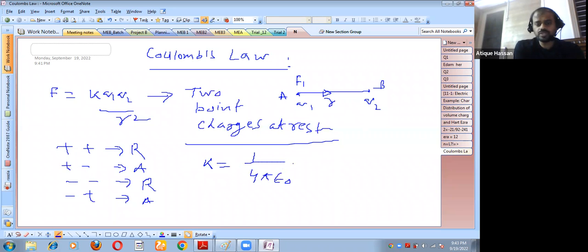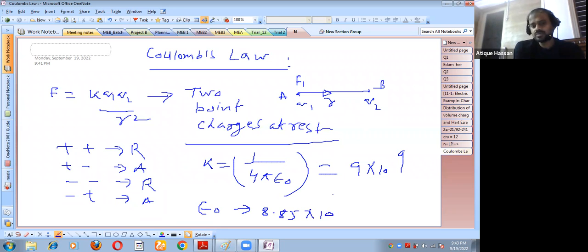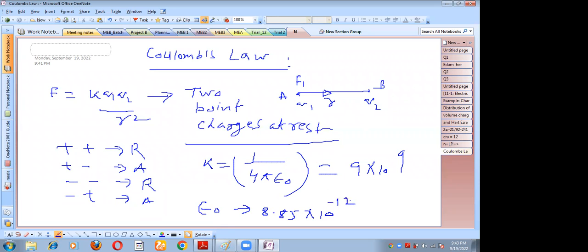This we already know, and its value generally we take as 9 into 10 to the power 9, and we know that epsilon naught is 8.85 into 10 to the power minus, what is the value of epsilon naught? 8.85 into 10 to the power minus 12, I think. Please check. 11 or 12? It's 12.